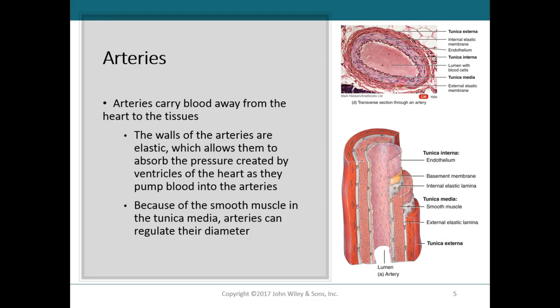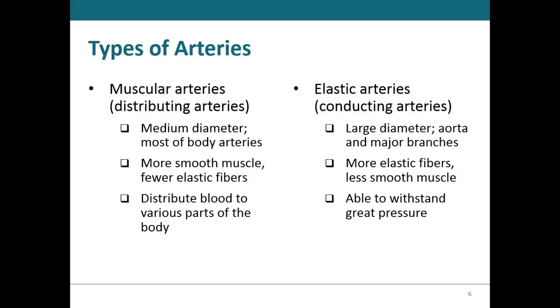So we'll look at some different types of arteries. Elastic arteries are the largest arteries in the body, and they range from a large aorta about the size of a garden hose to some very, very small arteries, such as some of the arteries that go out to body tissues.